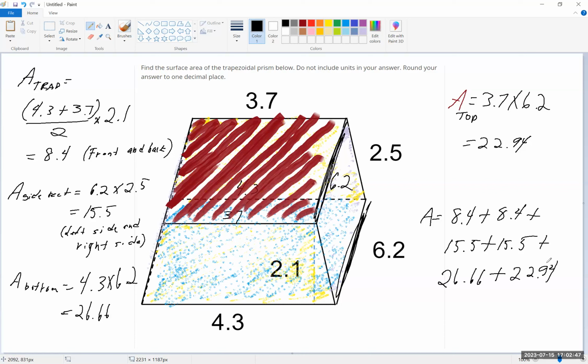There's 6 sides, and so my grand total when it's all said and done is 97.4. It's 97.4. That's the grand total. And that's our answer.